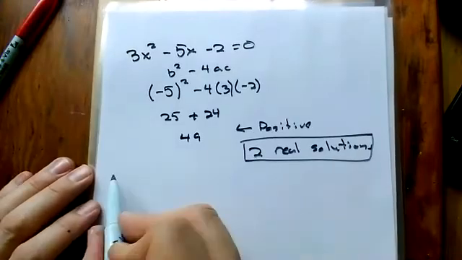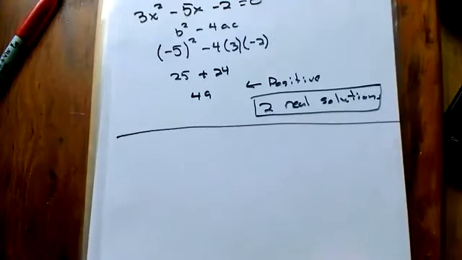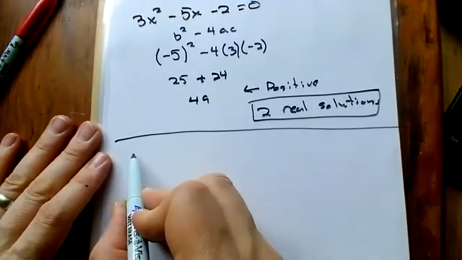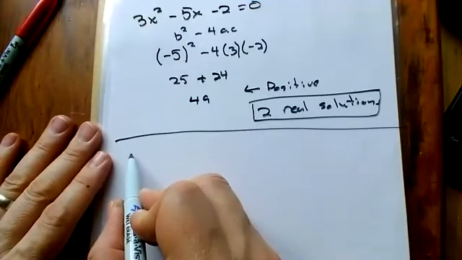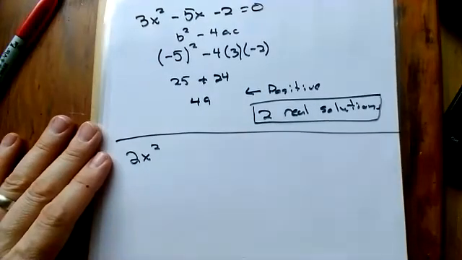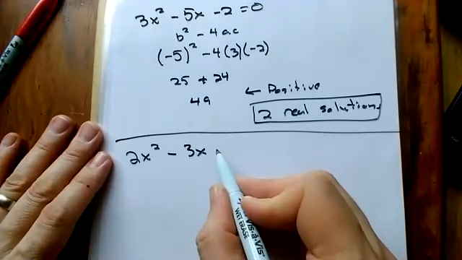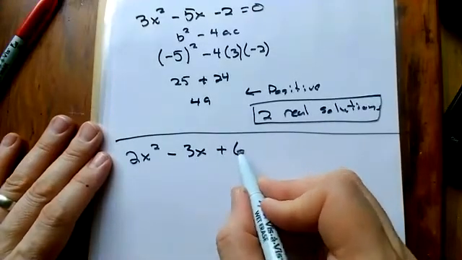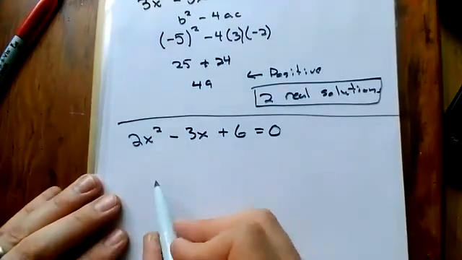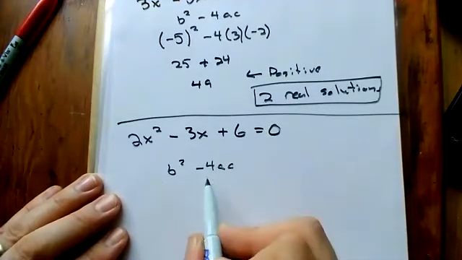Let's do another one. Let's say we've got 2x squared minus 3x plus 6 equals 0. Remember, it's b squared minus 4ac. This is my discriminant.